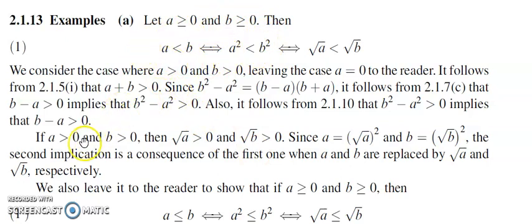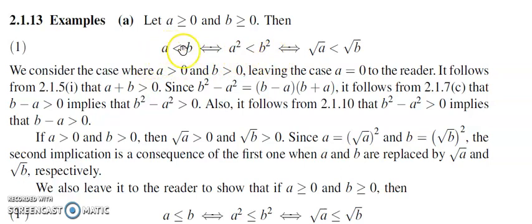In that case also, we only consider A greater than 0 and B greater than 0. If A and B are elements of P, then square root of A and square root of B are also elements of P, or square root of A and square root of B are greater than 0. So instead of A here, we replace root A, and instead of B here, we replace root B. So square root of A less than square root of B. Then if A less than B, we have already proved that A square less than B square.